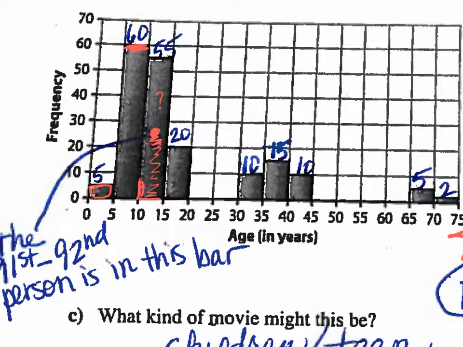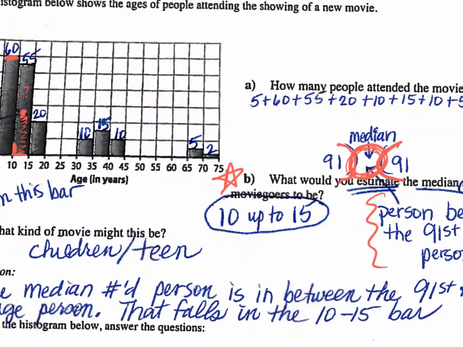I just know that my median person is between 10 and up to 15, 10 up to 15 years old. So that is why it has to be an estimate, and I can't give the exact amount. I just know they're in that bar. Okay, questions on that? Because that's an important thing that you need to be able to work through.